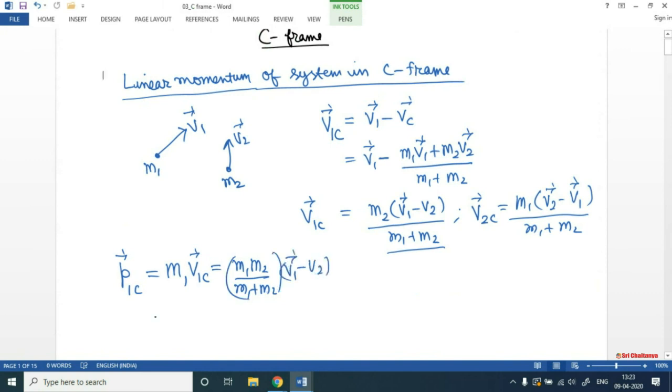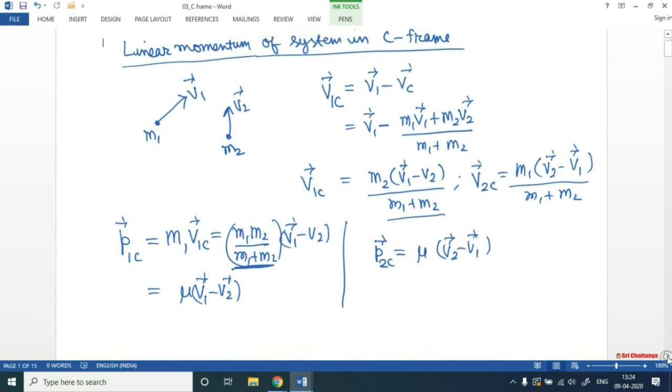This term, m1 m2 divided by m1 plus m2, is known as the reduced mass, and its symbol is mu. So mu times (v1 minus v2). Similarly, when we calculate the linear momentum of 2 with respect to C, we will get mu times (v2 minus v1).